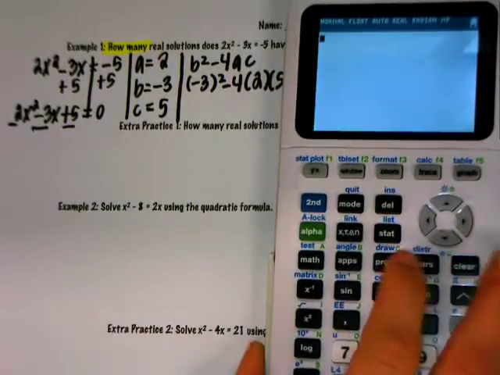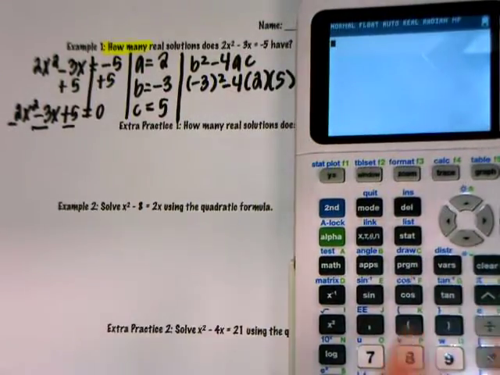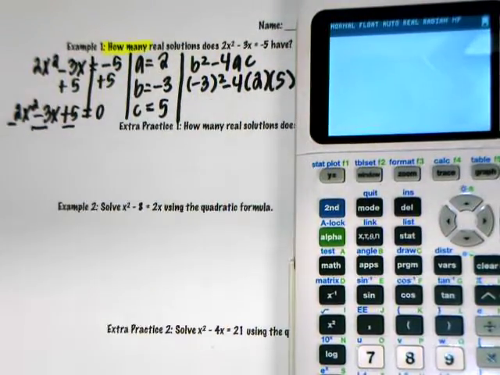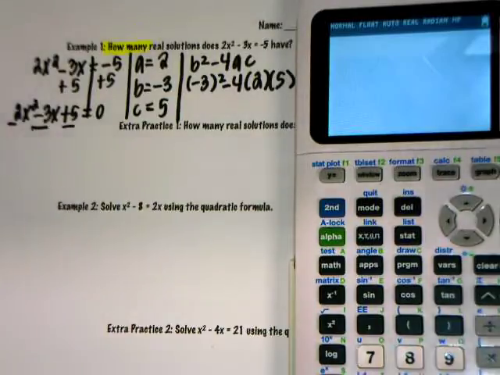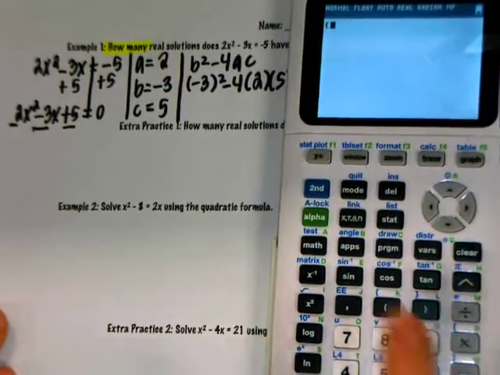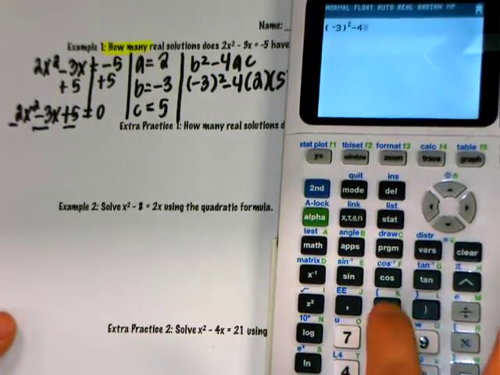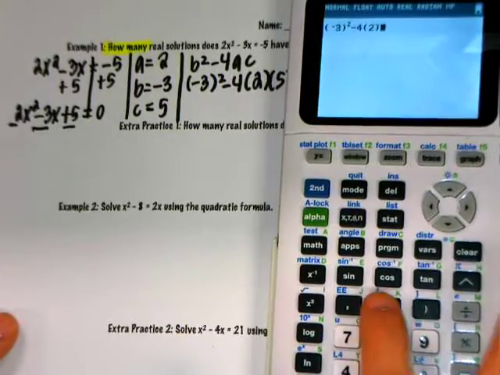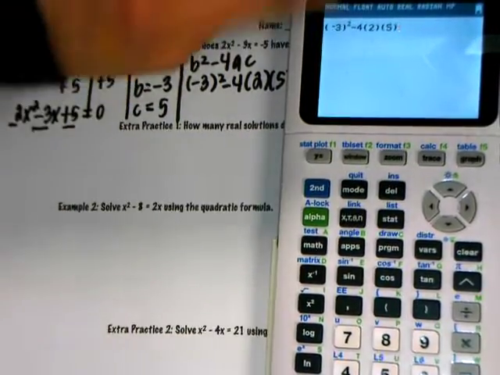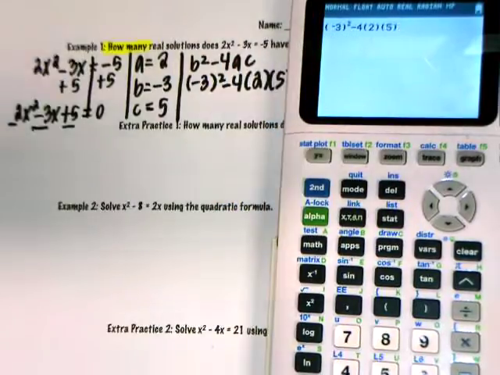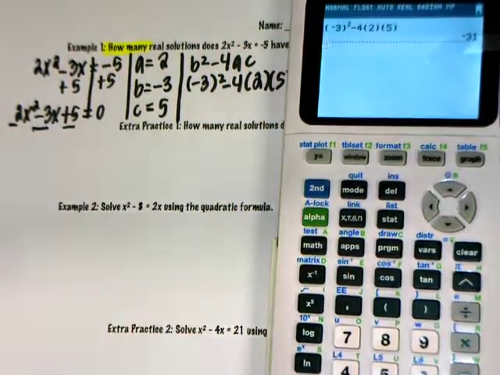The key for putting it in the calculator, you want to make sure that right here you're using the subtraction sign, and everywhere else if you have negatives you're using the negative sign, because if I don't do the right one, it gives you a crazy answer, okay? So you're going to do parentheses negative 3 squared, then the subtraction sign, 4, then 2, then 5. If you look in the calculator, the subtraction one looks different than the negative, it's longer. So that way you can tell, okay? So you get negative 31.